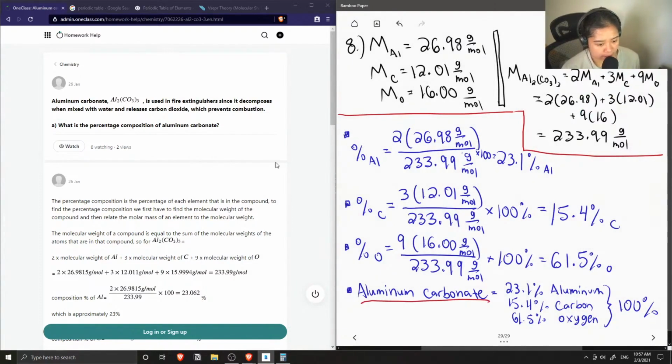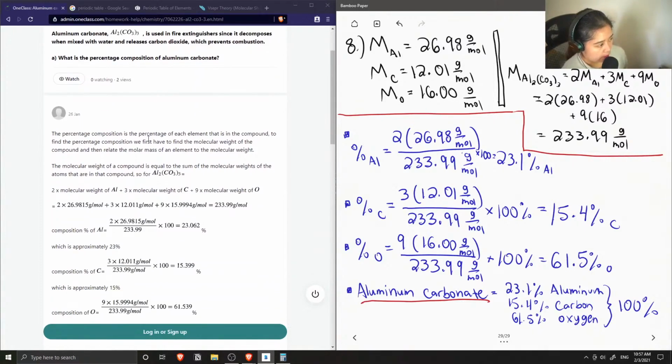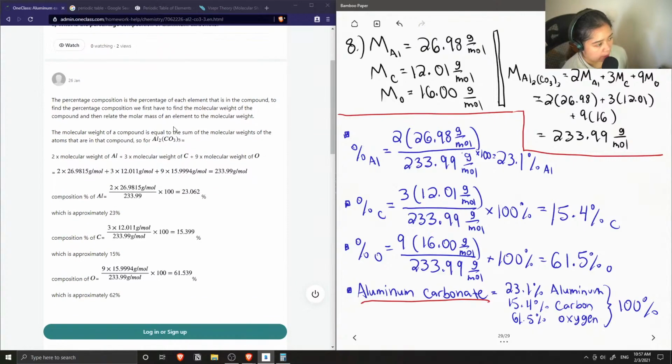Okay, so now let's see what the junior tutor said. The percent composition is the percentage of each element that is in the compound, and to find the percent composition, we first have to find the molecular weight of the compound and then relate the molar mass of an element to the molecular weight. The molecular weight of a compound is equal to the sum of the molecular weights of the atoms that are in the compound.